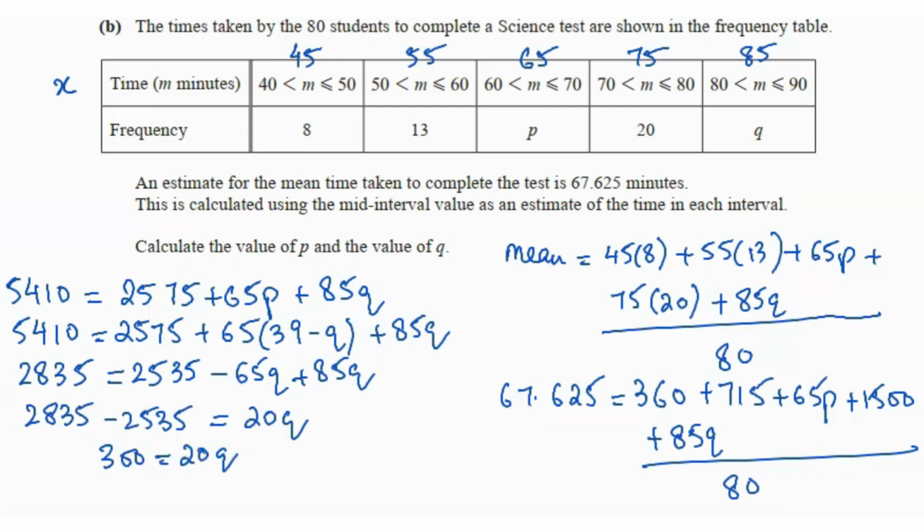So 300 divided by 20 is 15. 15 is Q. So we already said P is 39 minus Q. So that's going to be 39 minus 15, which is 24. So P is 24 and Q is 15.